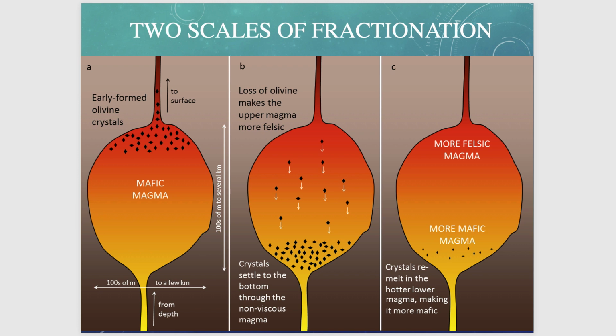We can see basically what happens in the magmatic chamber, and we will realize that depending on the ratio between the density of the crystals that form and the density of the magma, we will get a different accumulation of crystals.